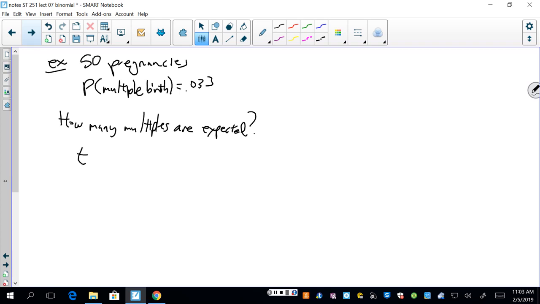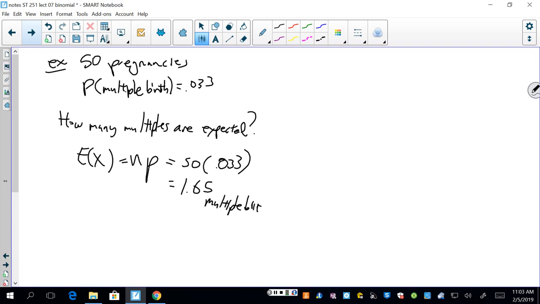The formula is just n times p. Is it clear what n and p are in this case? So 50 women, 0.033. That's 1.65. 1.65 multiple births on average. It's fine that it's not an integer, you don't need to round it.